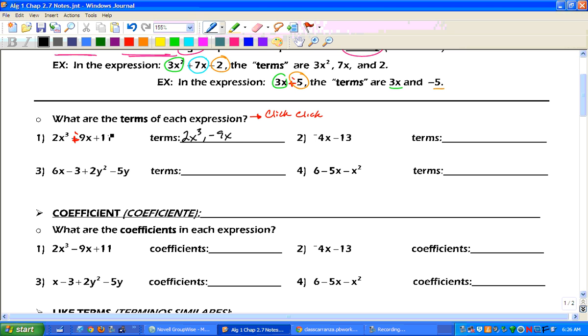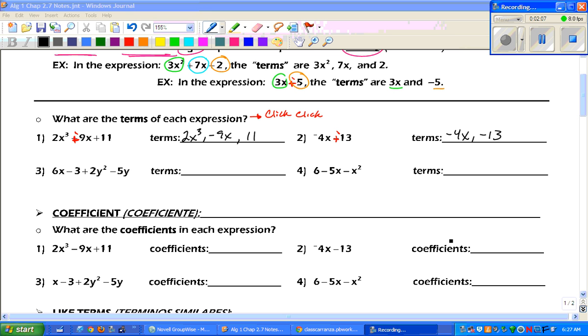And the 11, I apologize. All right, number 2. Go ahead and do the click, click. And your terms are the negative 4x and the negative 13.